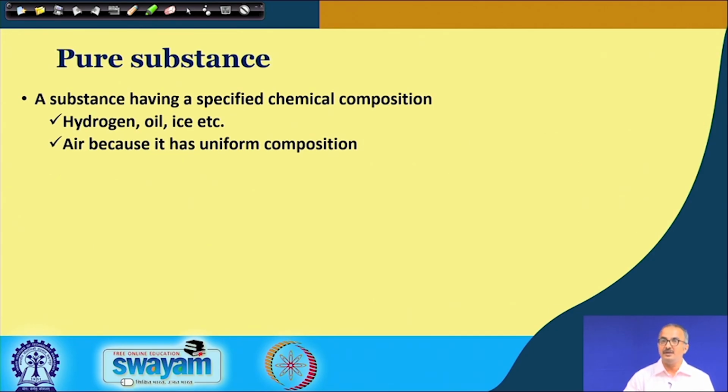Now, we come to another important concept, that is of pure substance, and pure substance is defined thermodynamically as a substance having a specified chemical composition. It must not be confused with a pure element. Okay. So, this particular pure substance may be a mixture, only thing is that it should have a specified chemical composition.